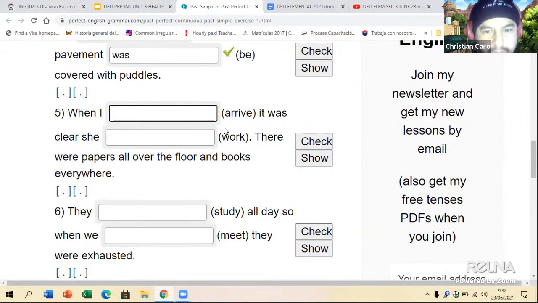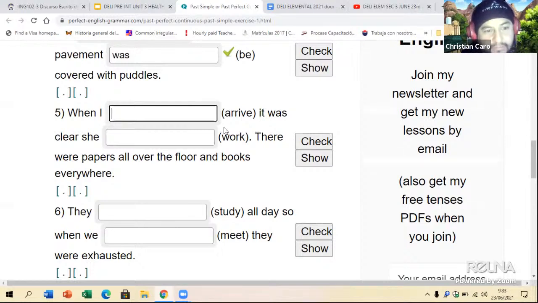So number 5. Dice cuando yo, it was clear. So she, okay. There were papers all over the floor and books everywhere. All right, I got it. Daniela dice was. Es como decir, cuando yo llegué, estaba claro que ella había estado trabajando.